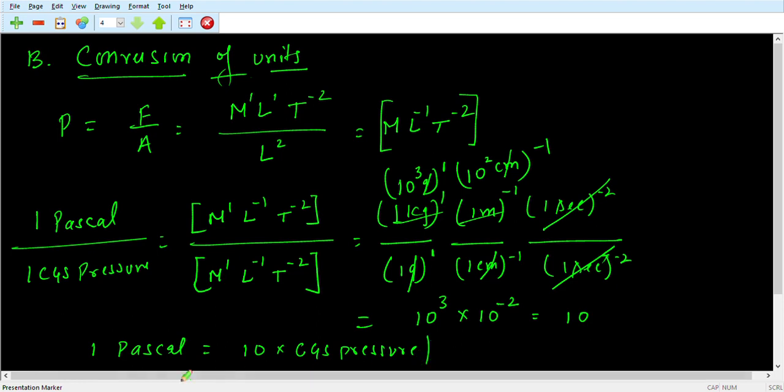So as I told you, this is the second use: we can convert units with the help of dimension. In the first point we did homogeneity, through which we checked whether the given expression is dimensionally correct or not.